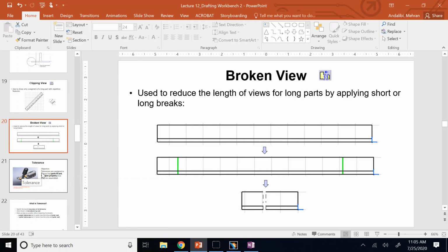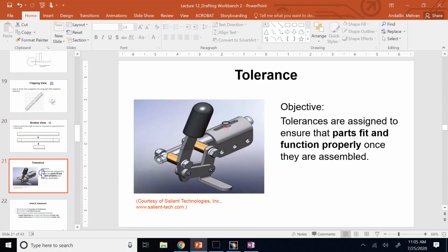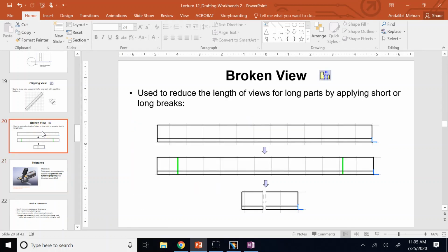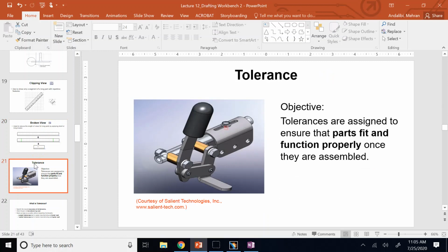Okay, so now that you have seen all different sorts of standard and non-standard views that you can create in CATIA and how to apply dimensions, now it's the time to talk a little bit more about advanced topic, and one of them is tolerance.